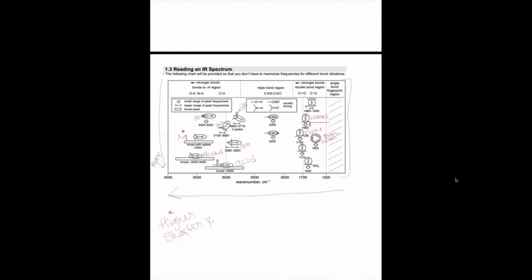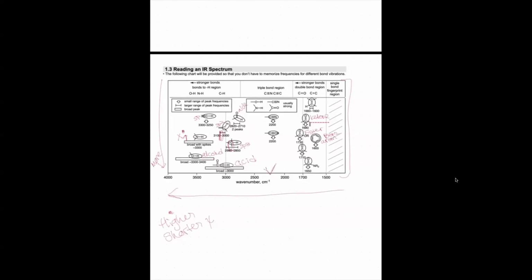Your 3000 line, all your little troughs just to the left of it will be your sp2, and just to the right of it will be your sp3. Your triple bonds are typically going to lie in this area.